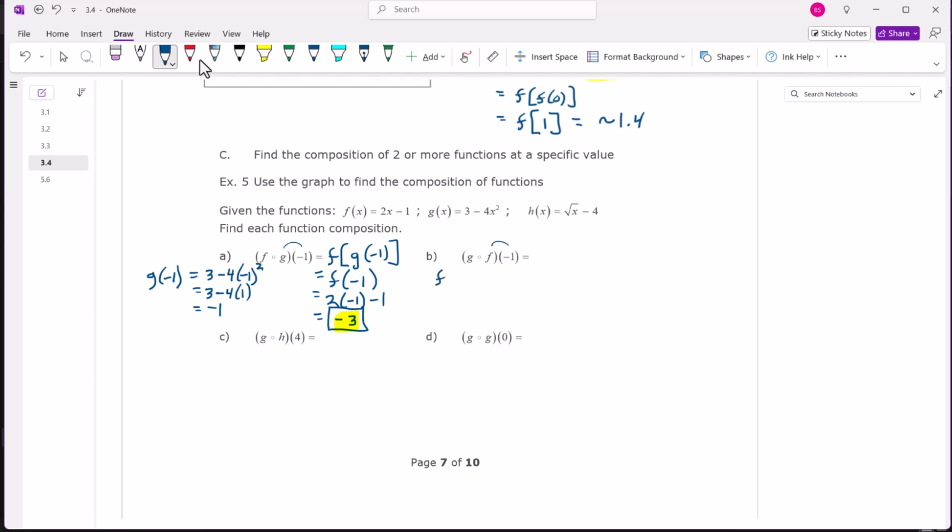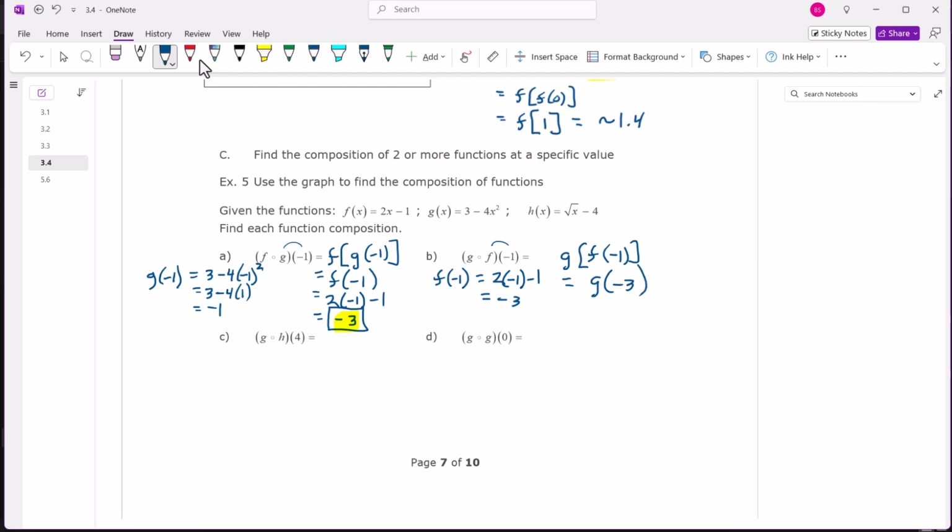Next problem, start with f of negative 1. Plug that into the function f, so do 2 times negative 1 minus 1, which is negative 3. Then we're going to write this as g of f of negative 1. And when we worked out f of negative 1, we got negative 3.